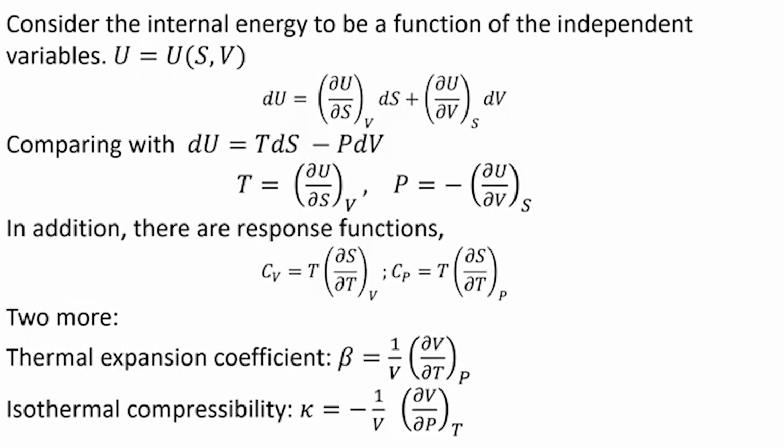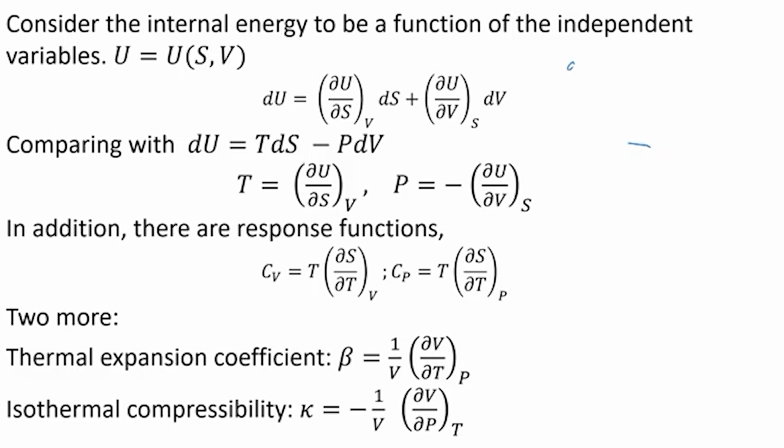So, now consider that the internal energy is a function of the independent variables. And thereby we will derive the thermodynamic definition of temperature and pressure in terms of the internal energy. So, if U is a function of S and V, I take a differential of that.